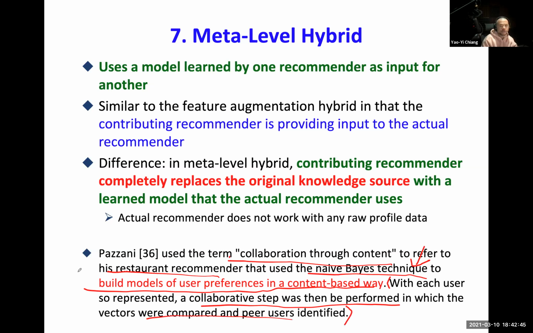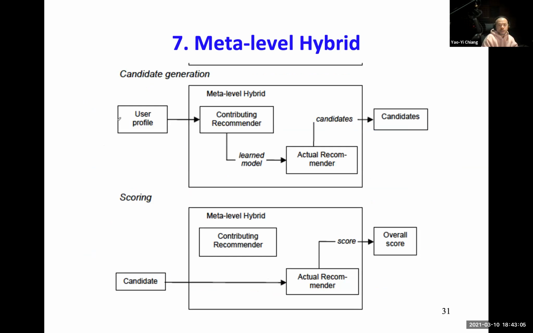So you first have a model, and this model will represent the user in some space. Now you completely remove the original user data, like what we did for personality A, personality B, and personality C. And then you use these meta features for your real recommendation.